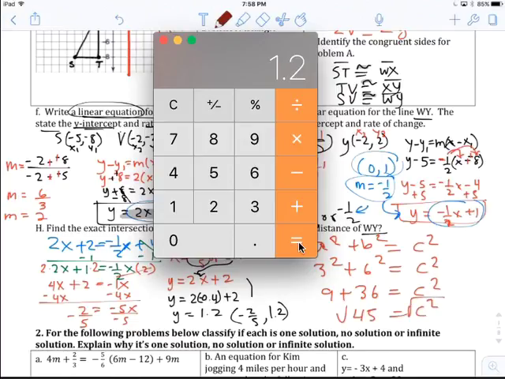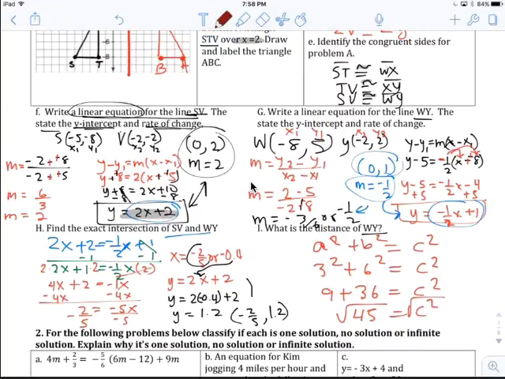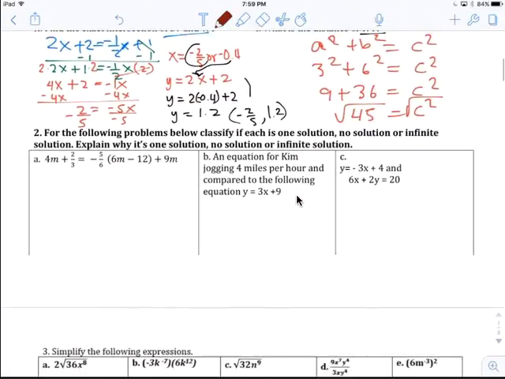Square root of 45 is close to square root of 49, so close to 7, so it's probably 6.6, whatever your calculator says. Or 3 radical 5 if I say to put it in radical form, which I should go over with you guys.